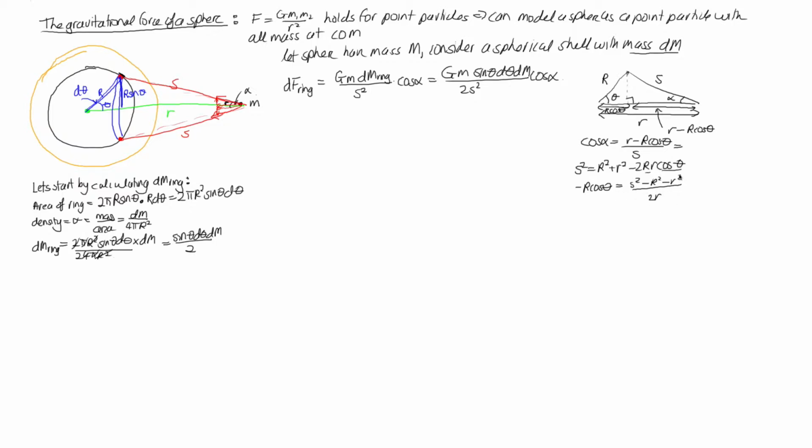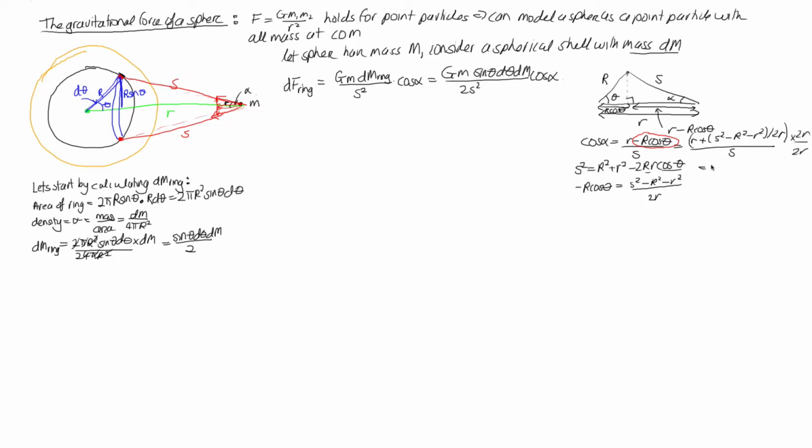So we can now substitute this into here, replacing this part, which is equal to R plus s squared minus R squared minus r squared over R, all divided by s. We'll multiply the top and the bottom by 2R on 2R.